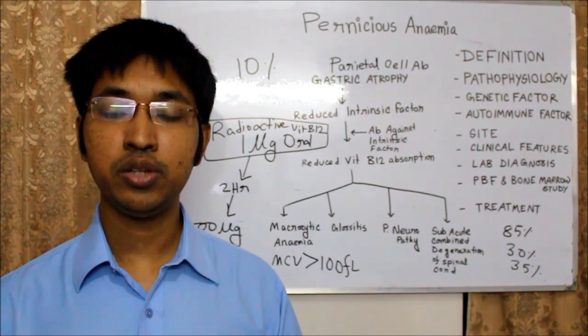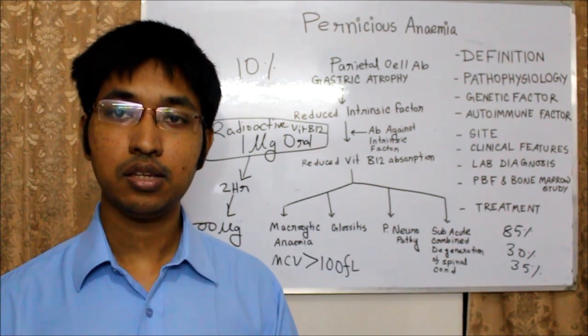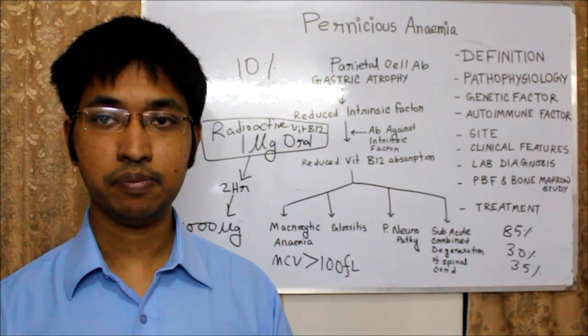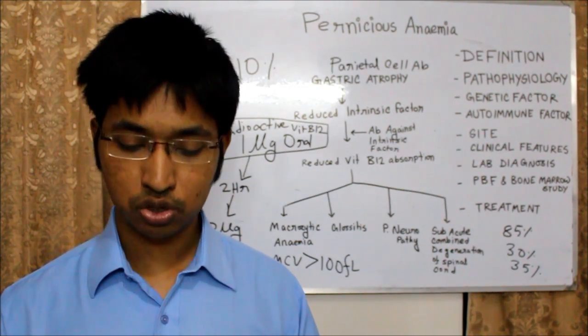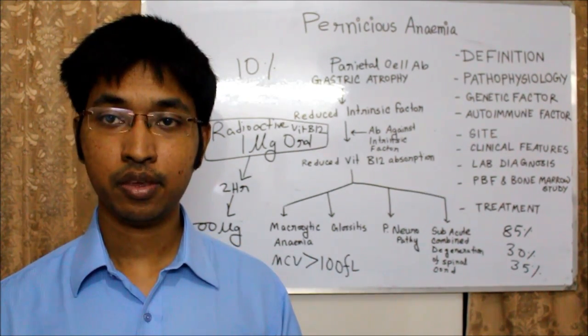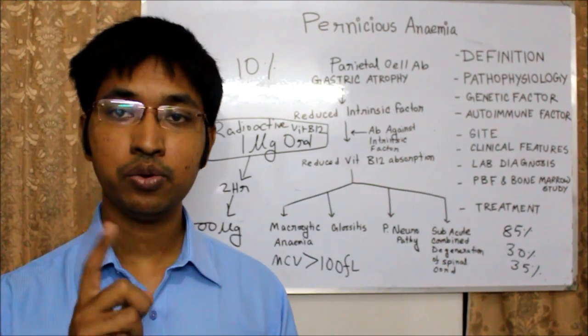And the way we do that is we give injection of vitamin B12 either intramuscularly or deep subcutaneously. And what is the dose? We begin with 1000 microgram intramuscular dose given daily for 1 week.